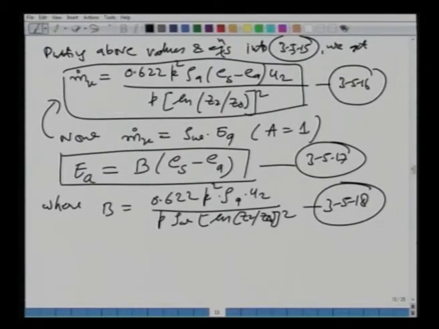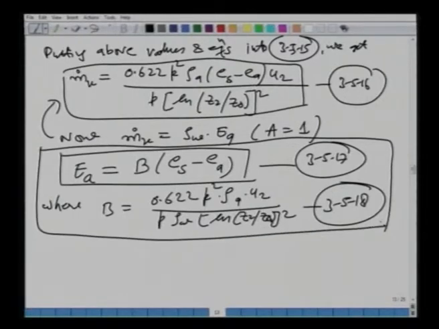So, this combination of 3.5.17 and 3.5.18 is your final aerodynamic method, or the Thornthwaite-Holzmann equation, for estimating the rate of evaporation from a water body, a lake or a reservoir, in which we just need to calculate or measure the humidity and temperature and pressure and vapor pressure, these things, and we can calculate the rate of evaporation.